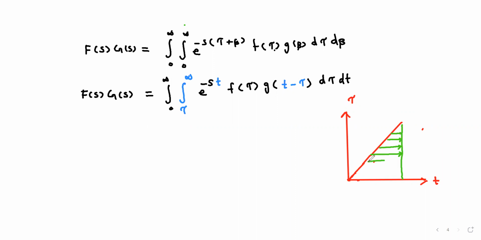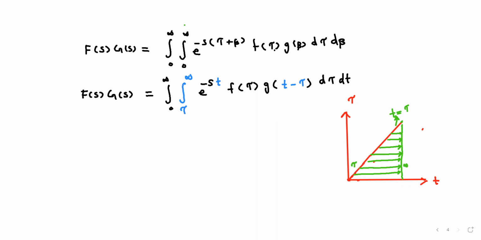This is the order of integration first. And here in this case, the limit is from here, we have t is equal to tau. This line is t equal to tau. And here we have limit from tau to infinity, goes to infinity.